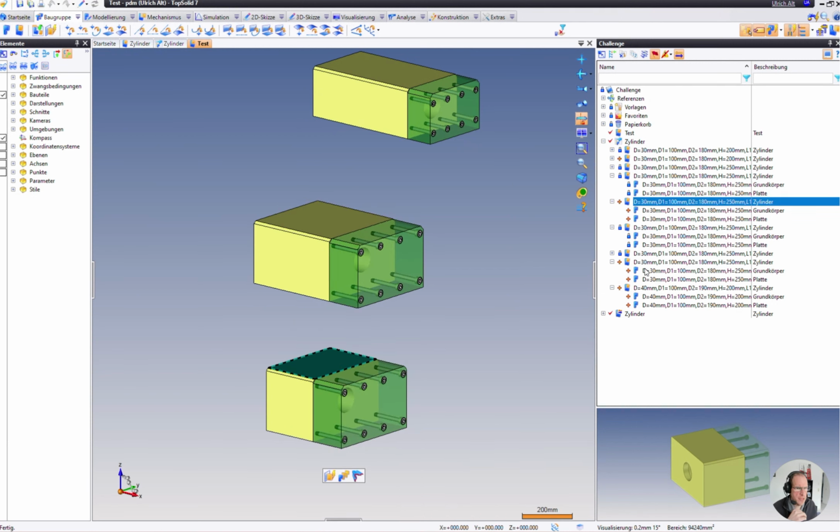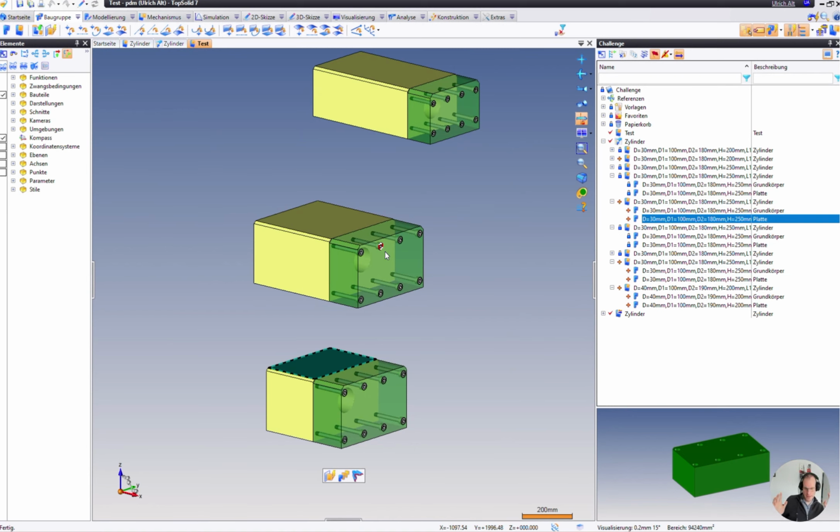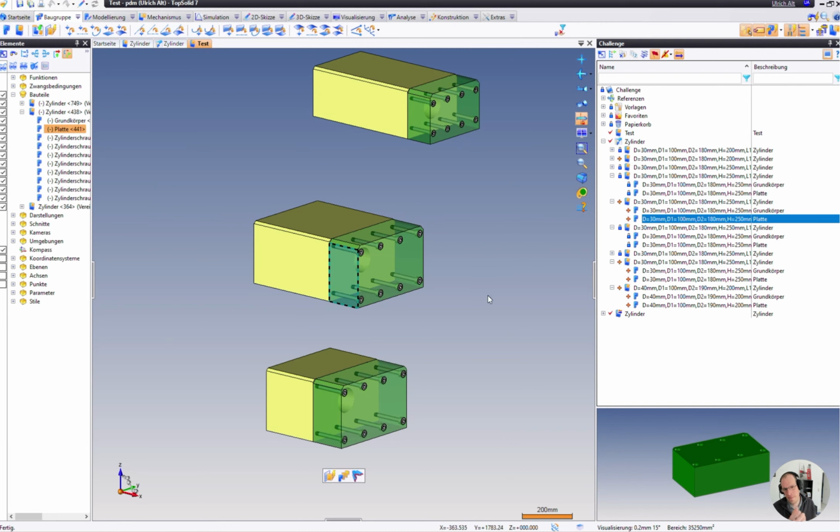So that essentially means that this part and this part are different parts, but effectively, as their thickness is the same, their width is the same, their everything else is the same, they're essentially the same part.